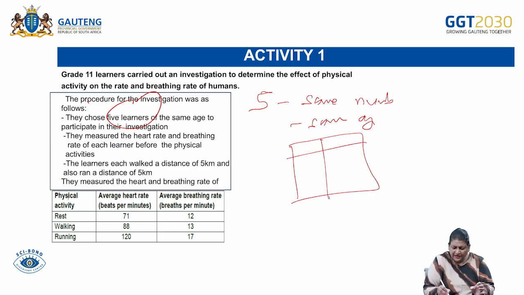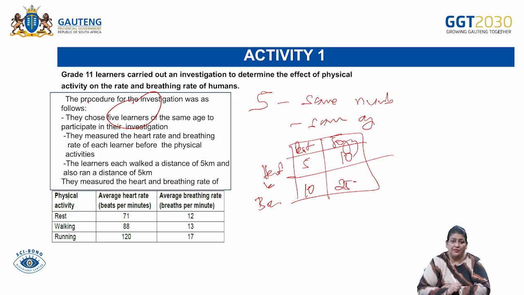You're going to put here, for example, when you are resting, and then when you are jogging, and you're going to look at heartbeat, how many times when you're resting and you're jogging, it was beating 10 times per minute, and when you were resting, it was 5 times per minute. And then you're going to look at your breathing rate, that when the person was resting per minute, the breathing rate was maybe 10 breaths per minute, whereas when you're jogging, it was 25 breaths per minute.